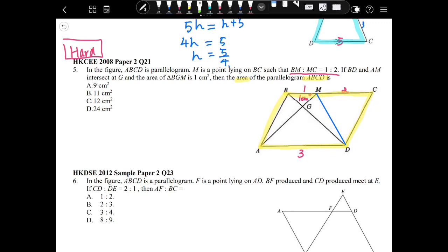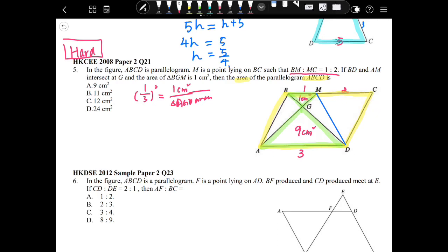Since we have a similar triangle, this one and this one are similar figures, and then we look for 9 cm square. Why? Because the length ratio is 1 over 3, and at the end we are looking for area, so 1 cm square to triangle AGD's area means 9 actually.